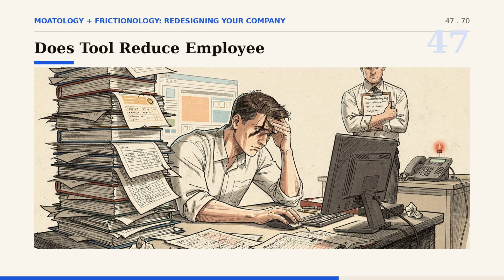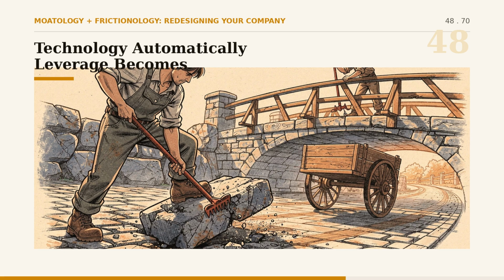Or does it simply move effort into data entry, maintenance, troubleshooting, and supervision? Does the platform deepen the customer relationship? Or does it hand that relationship to an intermediary that can change the rules later? Technology is not automatically leverage. It becomes leverage when it removes destructive friction and strengthens durable advantage.